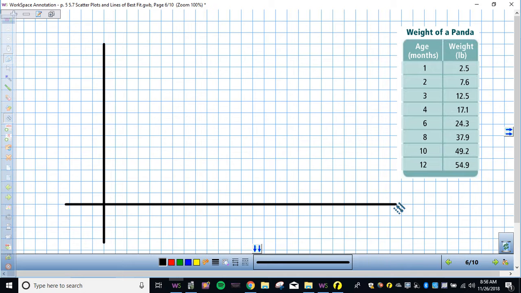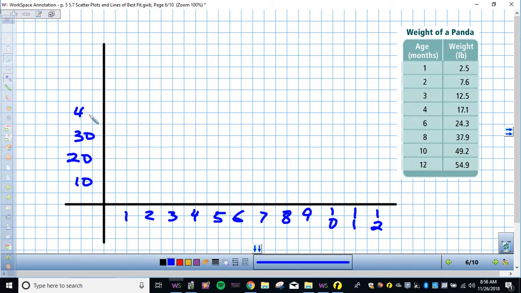So we could go by ones on the bottom for the x, and then I'll go by 5s on the y-axis, and start graphing.